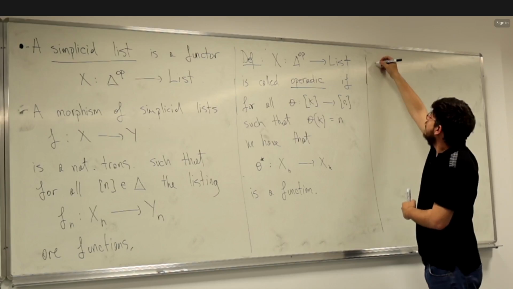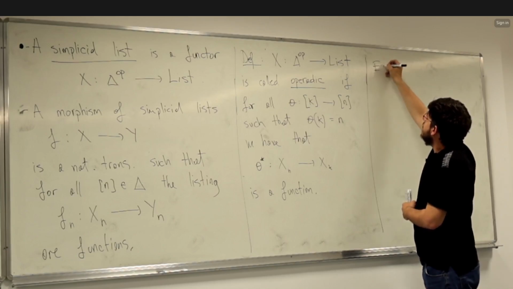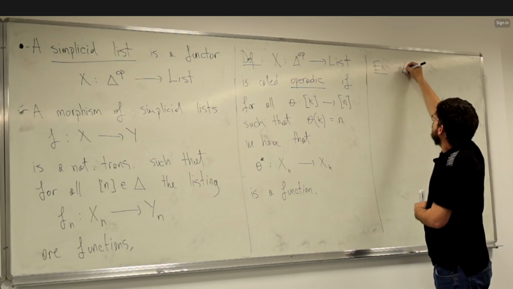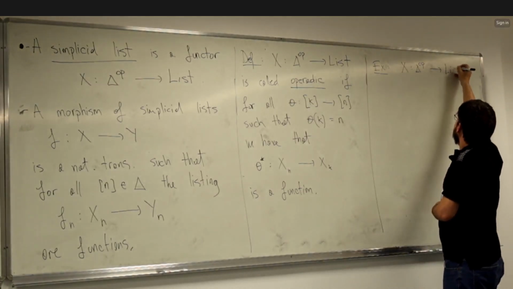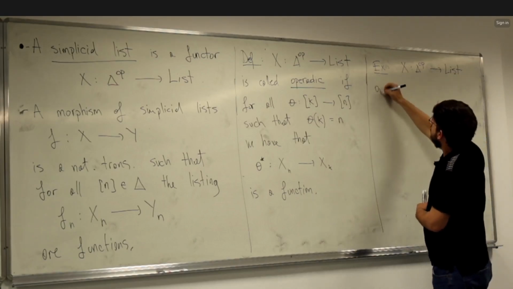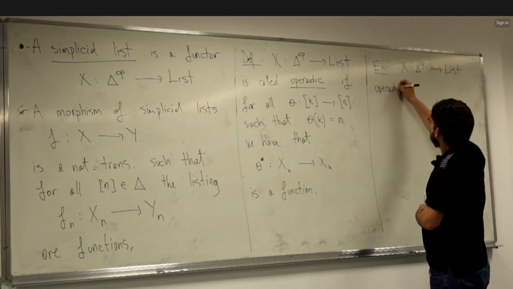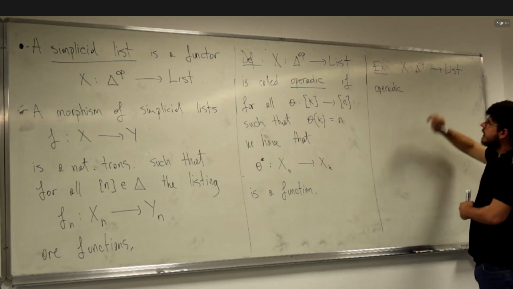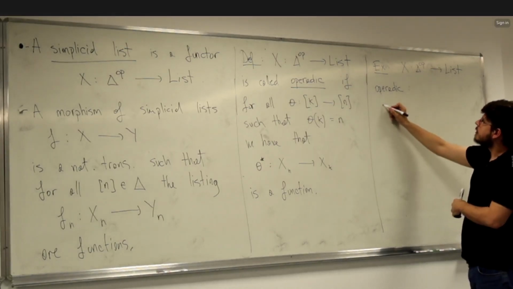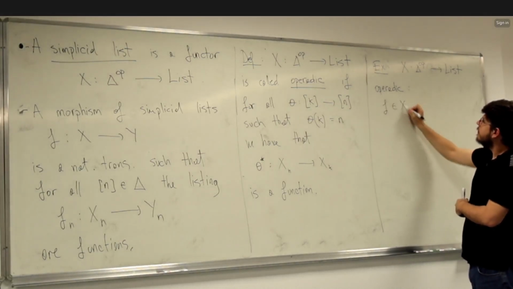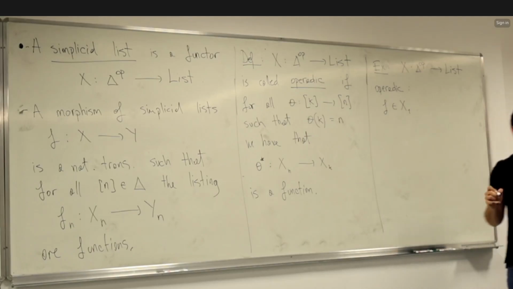So for example, if X is operatic, this implies, for instance, the following. Let's say I have f, like a one-simplex.